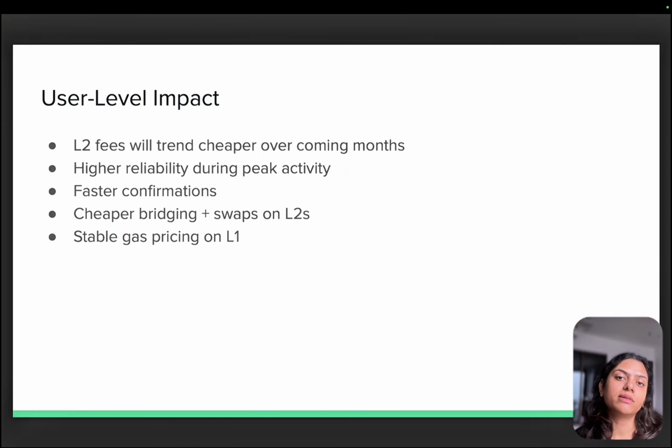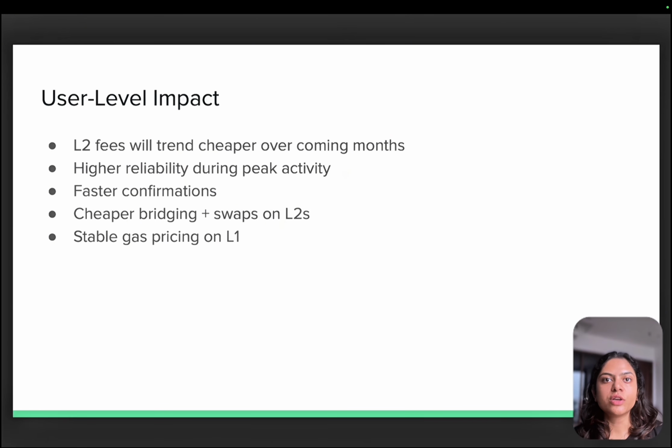What is the user-level impact of Fusaka? Users might not understand what PeerDAS is or how it works, but they will feel it. How? L2 fees will trend cheaper over the coming months, gradually dropping, so they pay less.